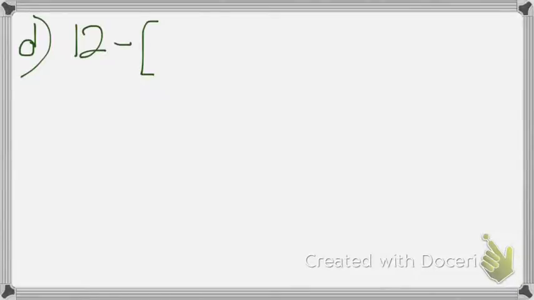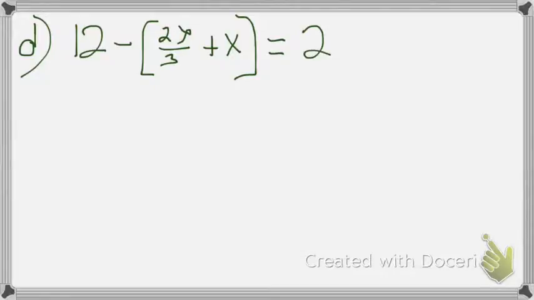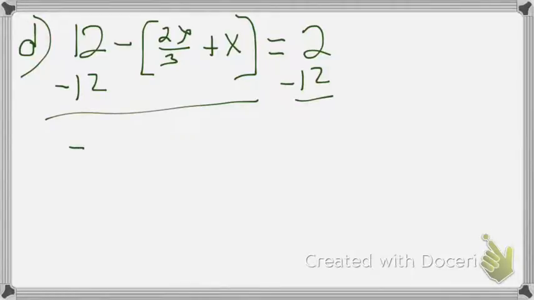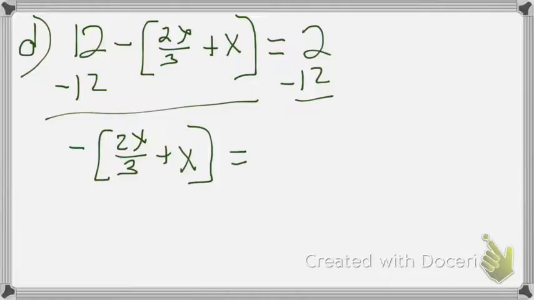12 minus 2x over 3 plus x equals 2. Now if I subtract 12 from each side, I get negative 2x over 3 plus x equals negative 10. I can multiply each side by negative 1 and they become positive.